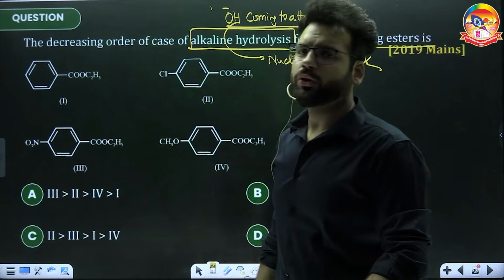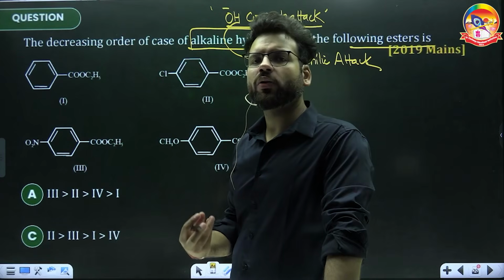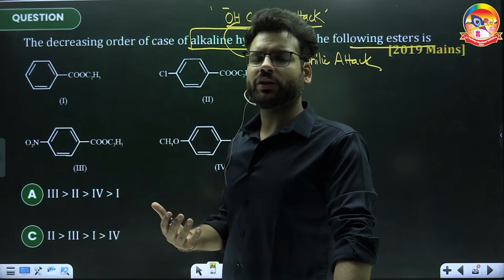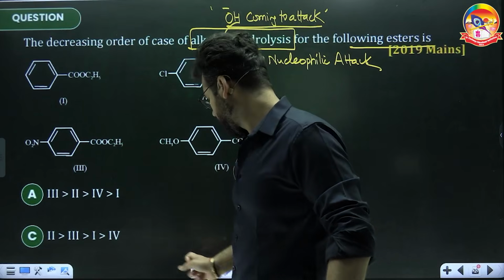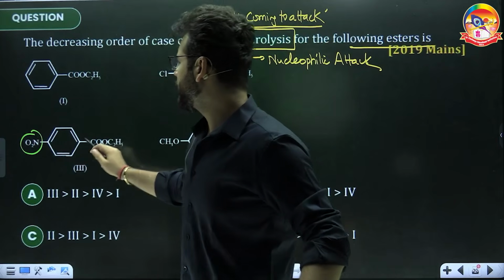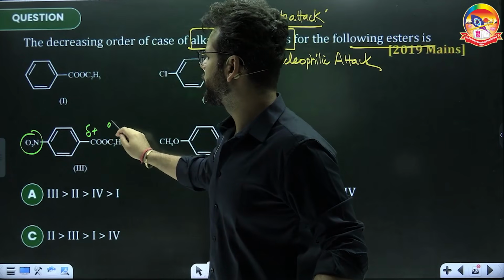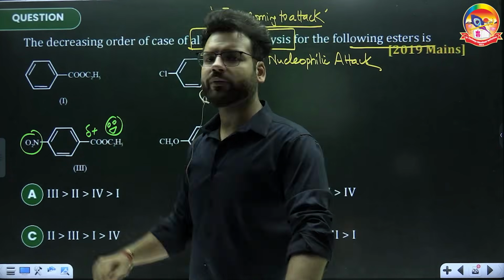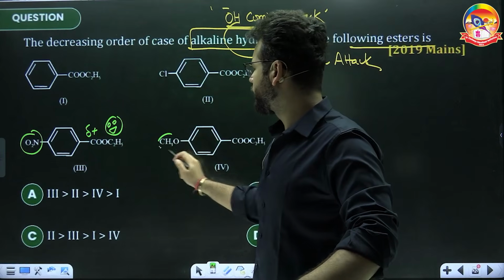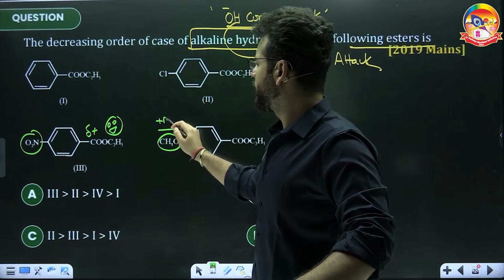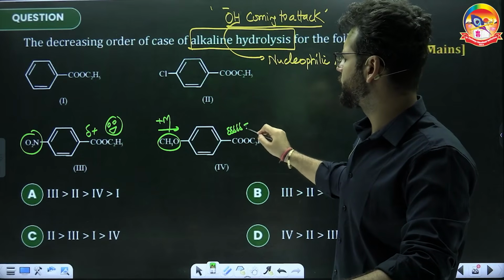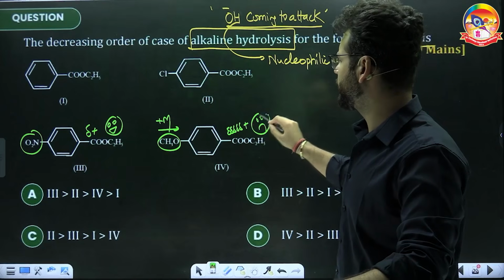I told you, you just need to check the electron deficiency of the carbonyl carbon. If carbon is more electron deficient, it will be highly reactive. Now, as soon as I see any NO2 group somewhere, I see a NO2 here, making this carbon very, very reactive. Very positive carbon, so OH minus would love to attack here. If I see an OCH3 group, which is a plus M group, it will send electrons and make this carbon very, very little positive, which is very much unreactive.